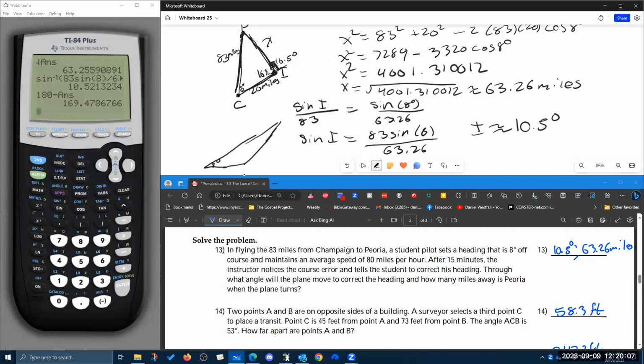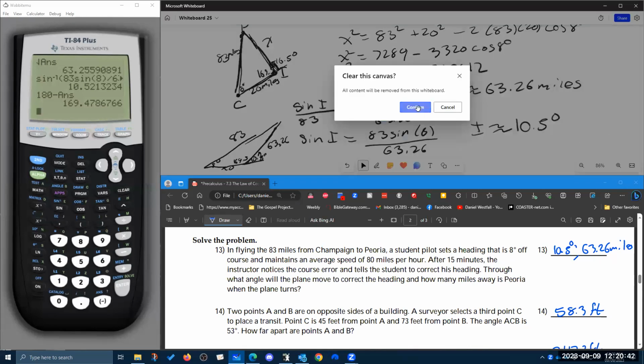This was 8 degrees, this was 169.5. He was off course here by 10.5 degrees that he had to turn back. And this was 83, and this was 20, and this was 63.26. Okay, it's a better look at what the situation is going to be like.